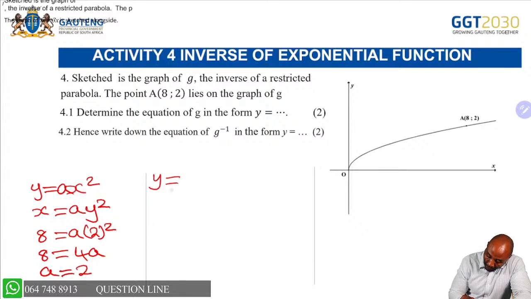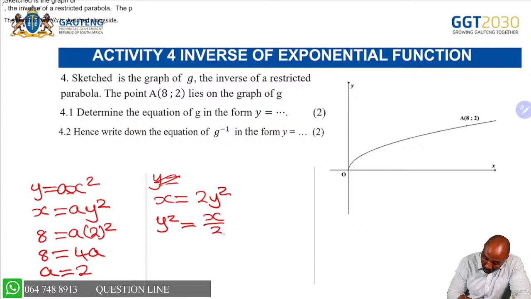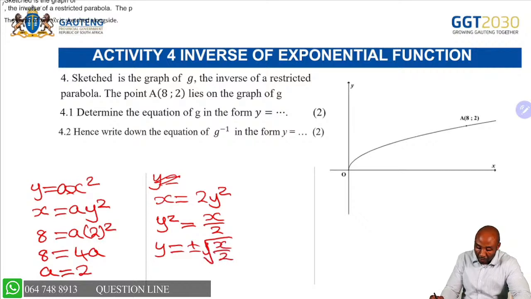So moving forward from there, we are saying our x is equal to 2y squared. In other words, our y squared is equal to x over 2. Our y is equal to plus or minus the square root of x over 2, like that.